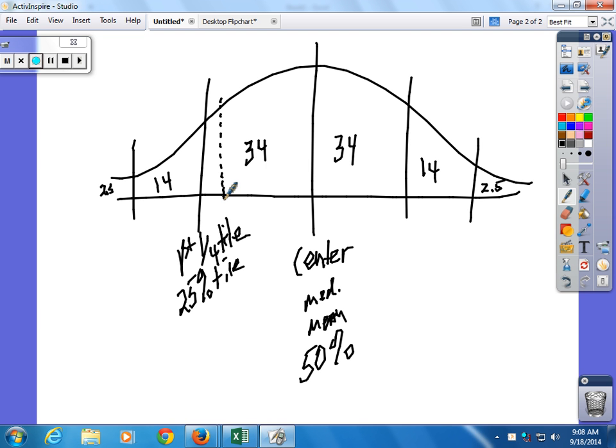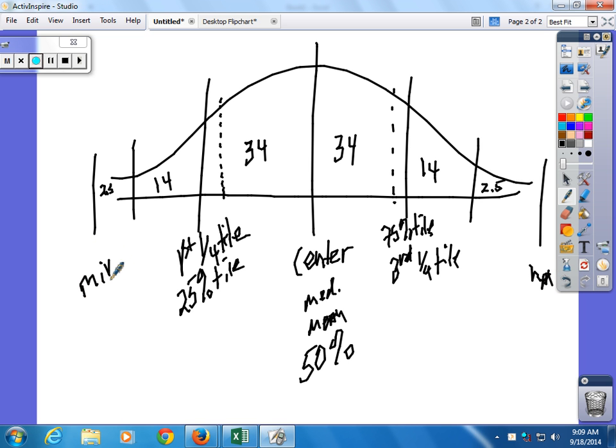Now this is your 50th percentile because it's halfway between 3 standard deviations and 3 standard deviations. Your 75th percentile is going to fall somewhere in here. That's your 75th percentile, or your 3rd quartile. And then your max is going to be somewhere over here, and your min somewhere over here.